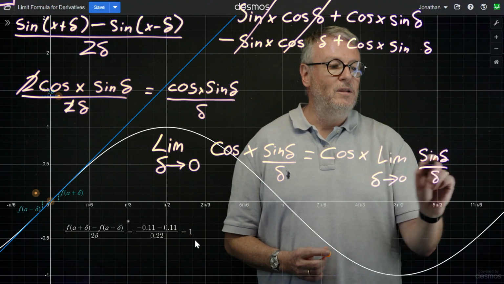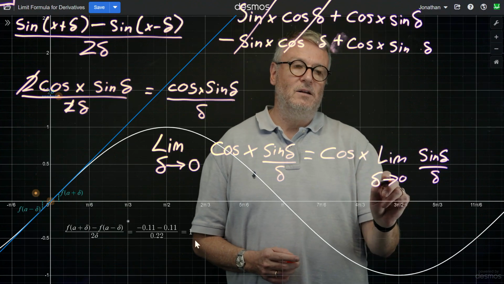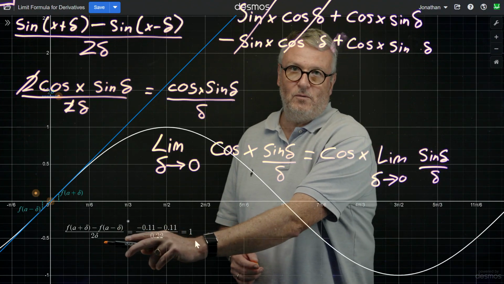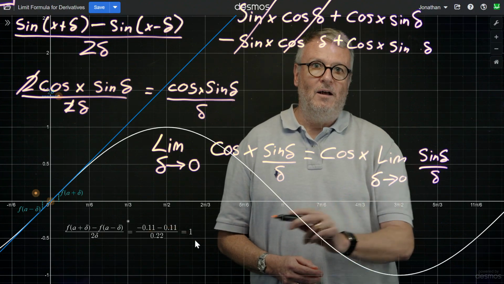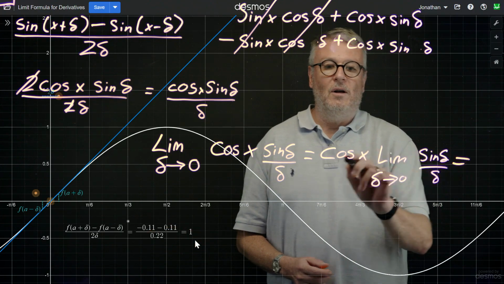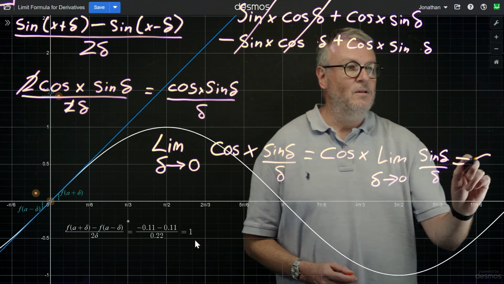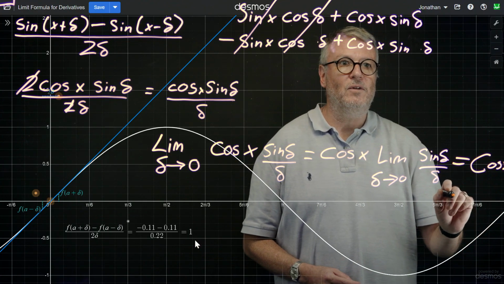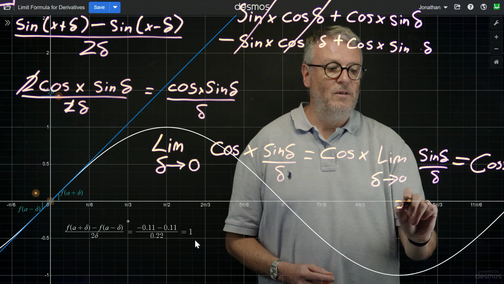So I believe I can now say the limit as delta goes down to 0 of sine delta over delta is 1. So cosine of x times 1 is equal to cosine of x. Let me write that here.